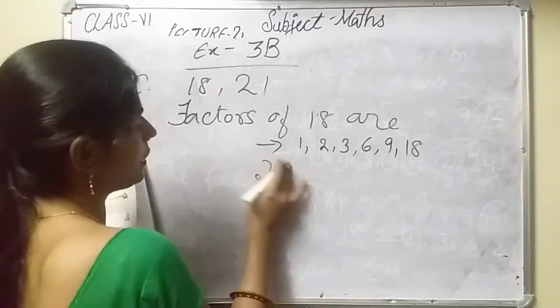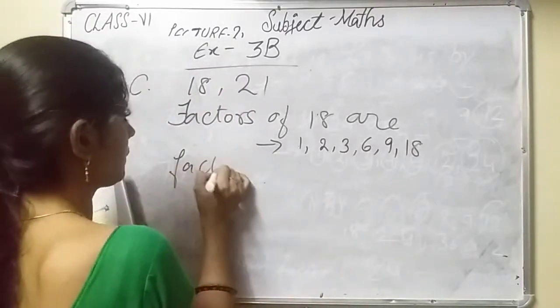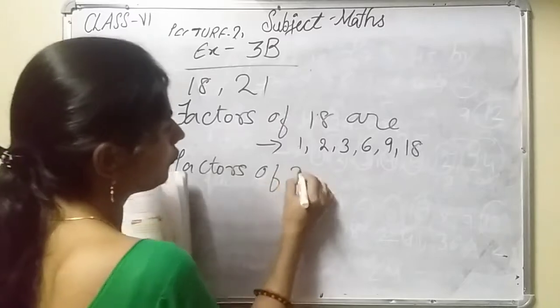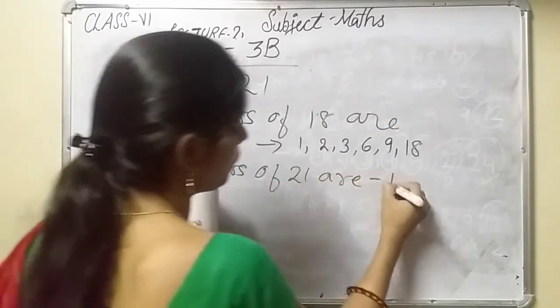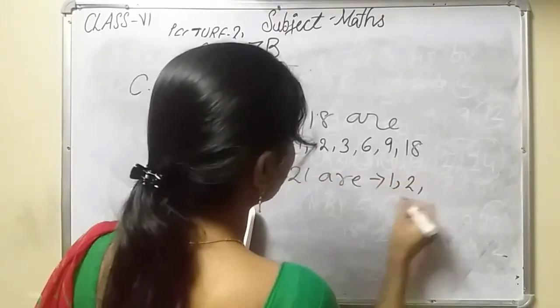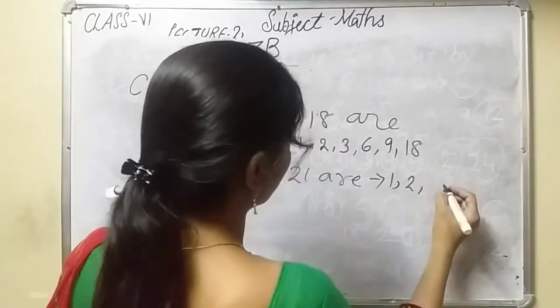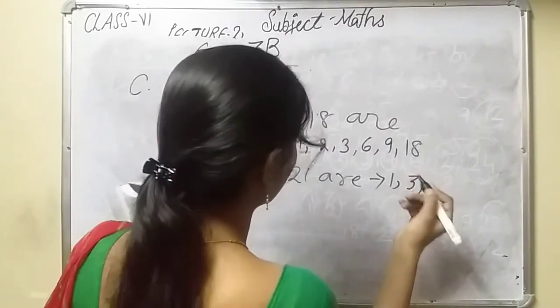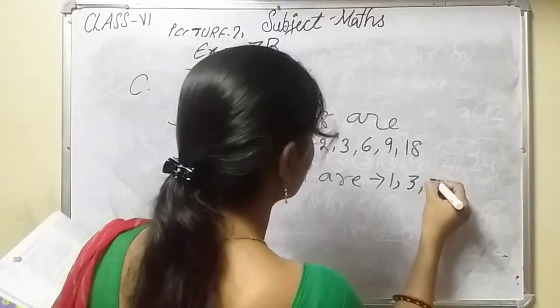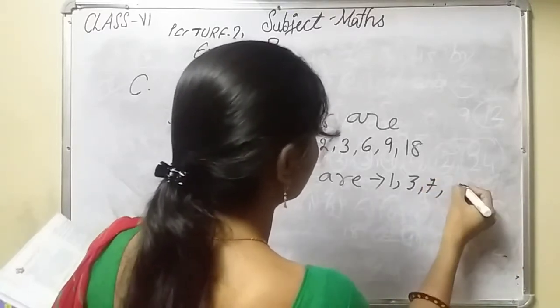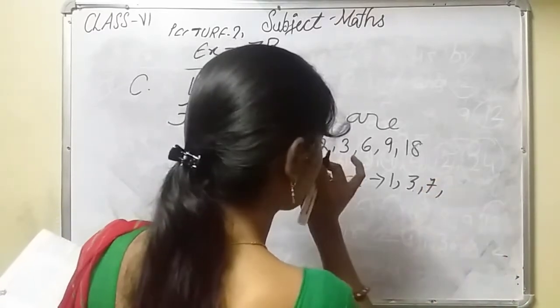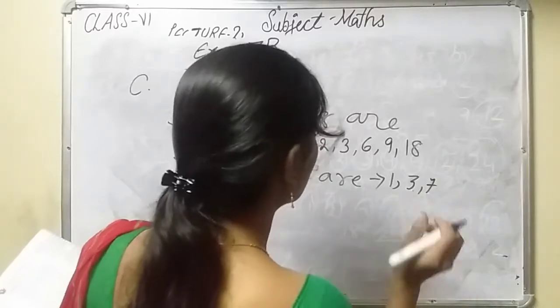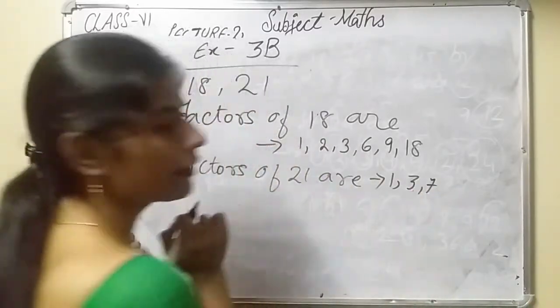Which are the factors of 21? 1, 2 is not there, 3, then 7. 1, 3 and 7 are the factors of 21.